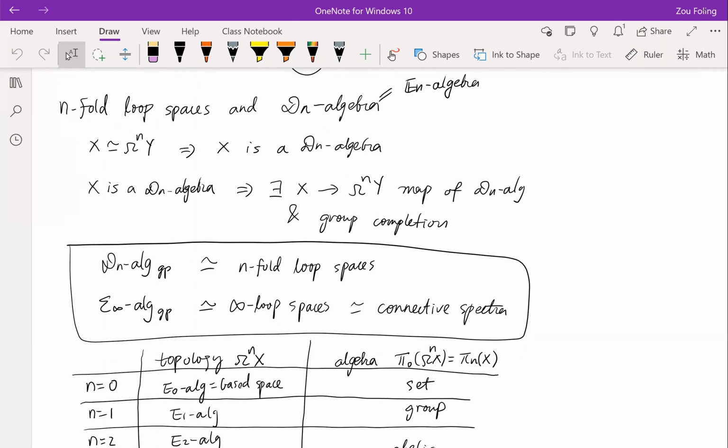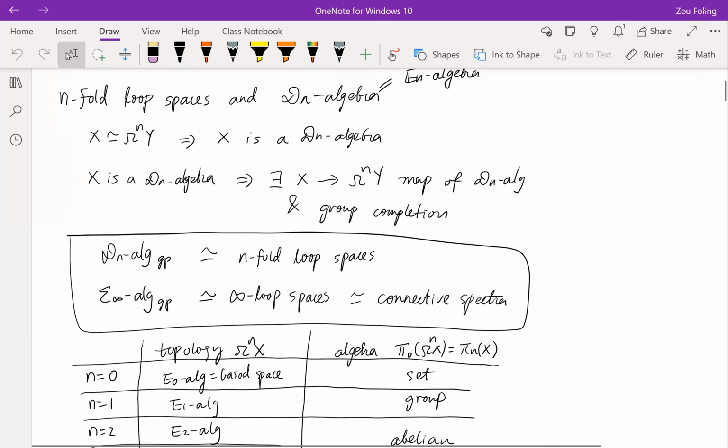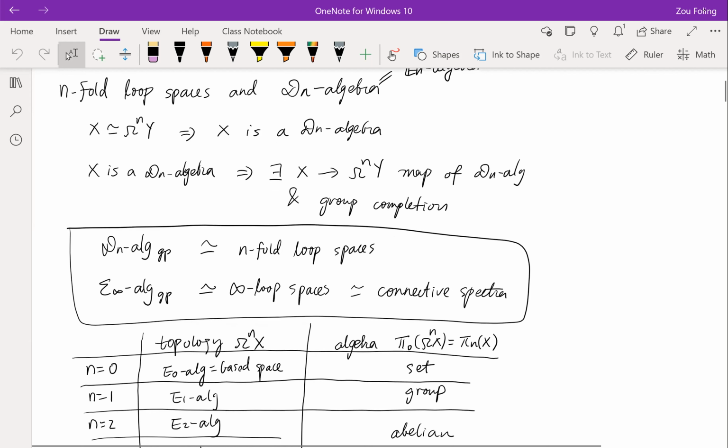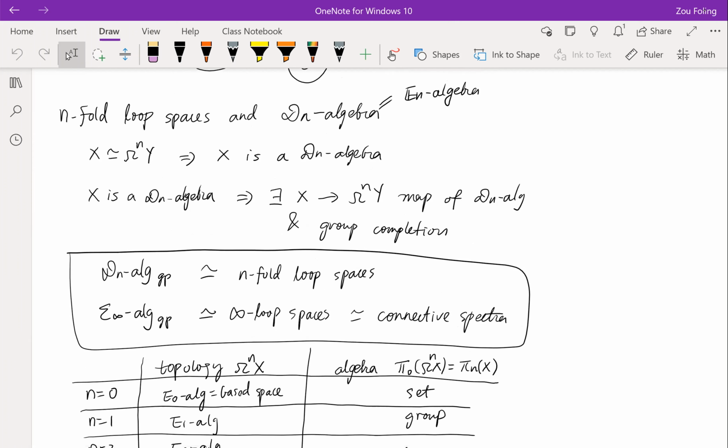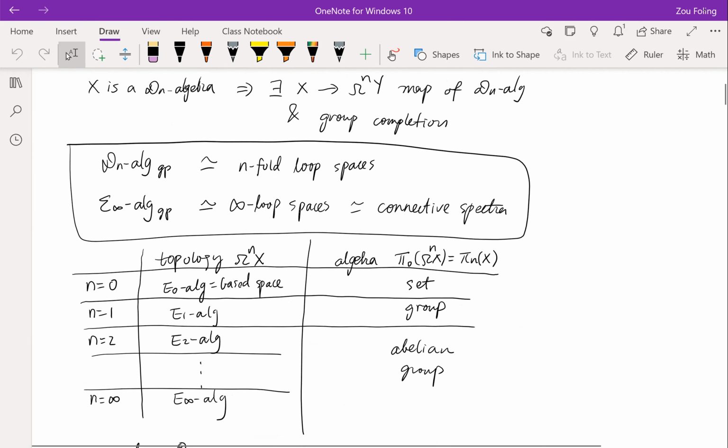So the upshot here is that combining these two directions, we get that the category of group-like D_n algebras is equivalent to the category of n-fold loop spaces. And if we let n go to infinity, group-like E-infinity algebras are equivalent to infinite loop spaces, which are equivalent further to connective spectra.